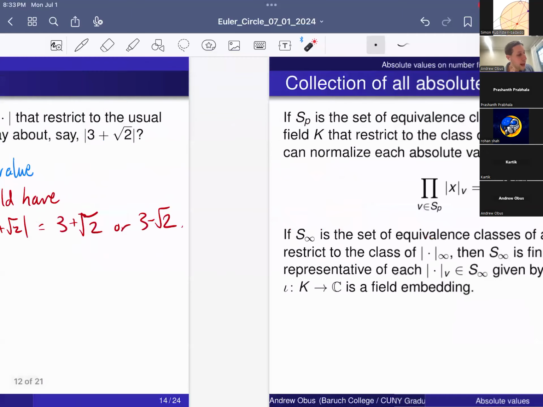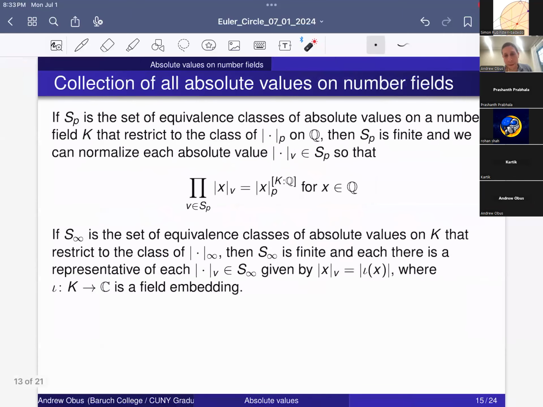So what happens in general? This slide is going to be a little bit cluttered, so let me go through it slowly. If S_p is the set of all equivalence classes of absolute values on a number field K, so imagine we're fixing a number field K, and I take all of the different equivalence classes of absolute values, S_p is going to be the ones that restrict to the equivalence class of the p-adic absolute value.